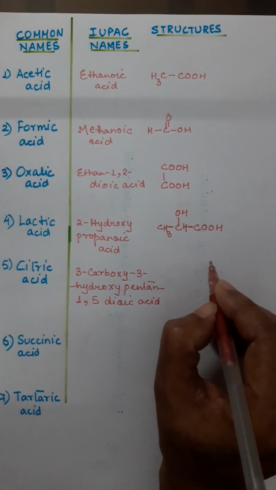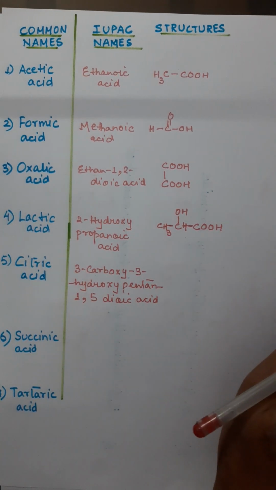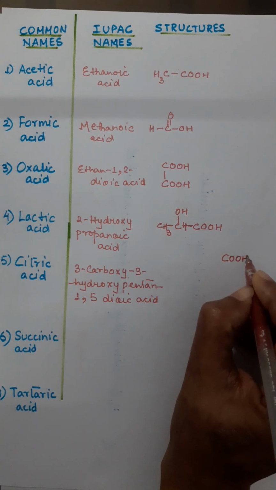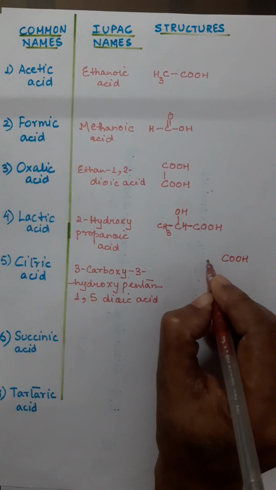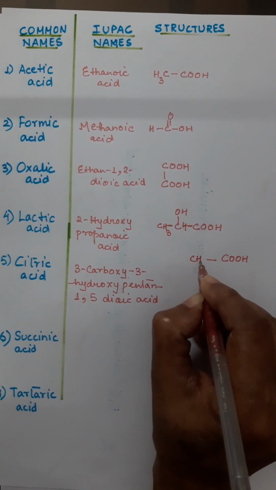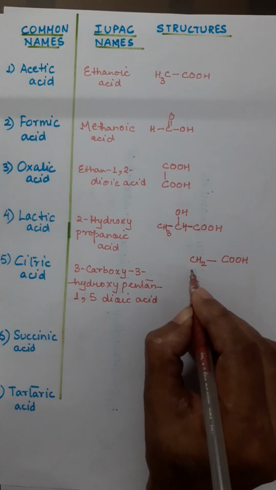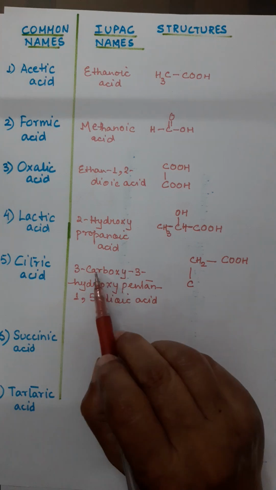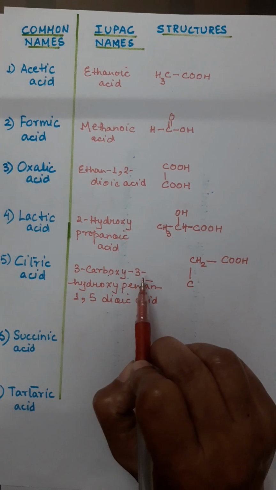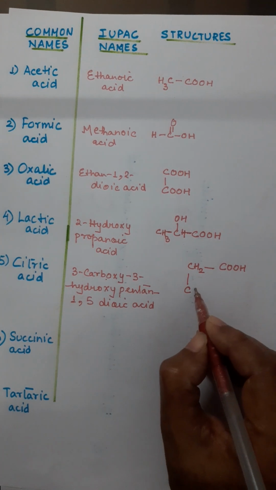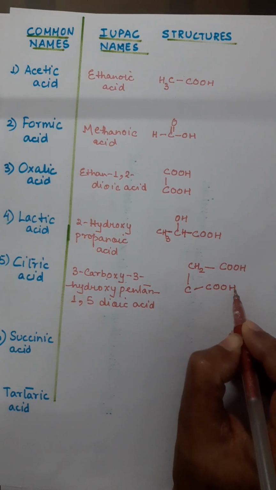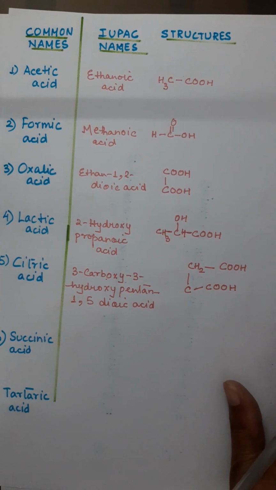So how do we write? Suppose I write it in a longer version, okay? So COOH, so this can be considered first, then CH2, this is suppose second, then C, and then in the third you can see there is a carboxy as well as a hydroxy. Carboxy, as I told you, if COOH is taken as a branch, it is called carboxy.